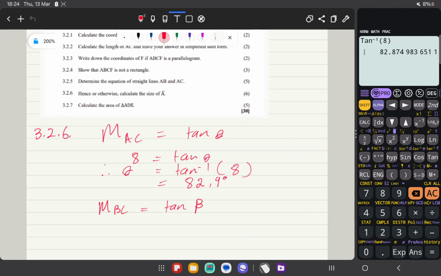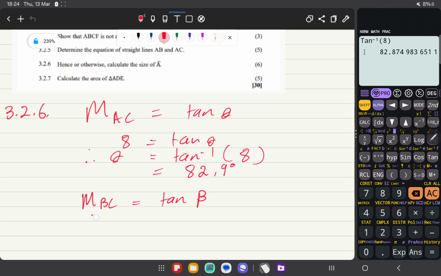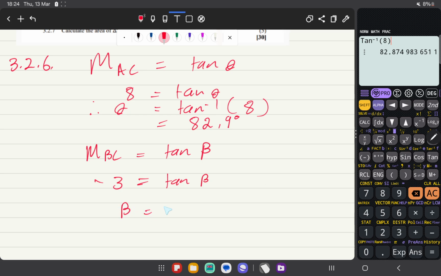So -3 is equal to tan beta, and then beta is going to be tan inverse of -3. So shift tan -3. The angle I'm getting is -71.6.